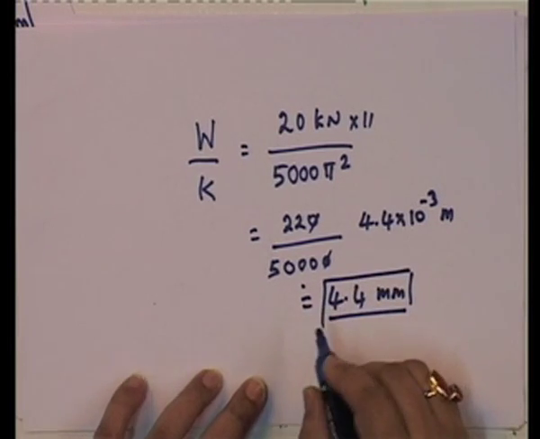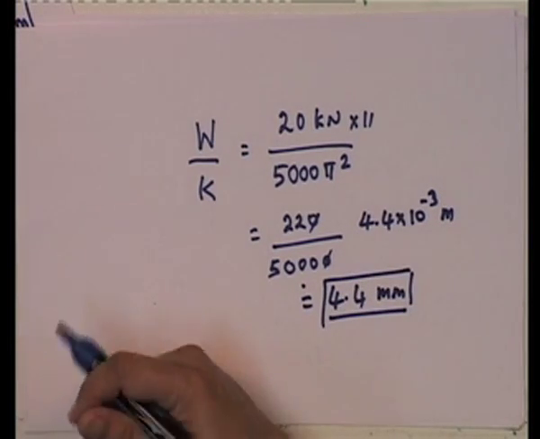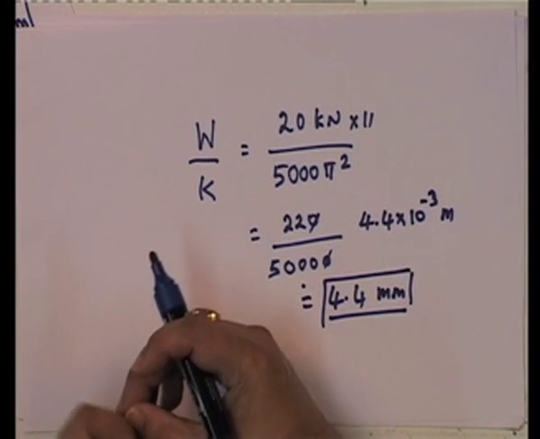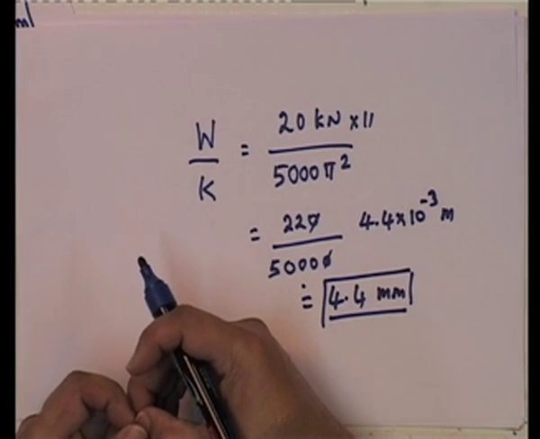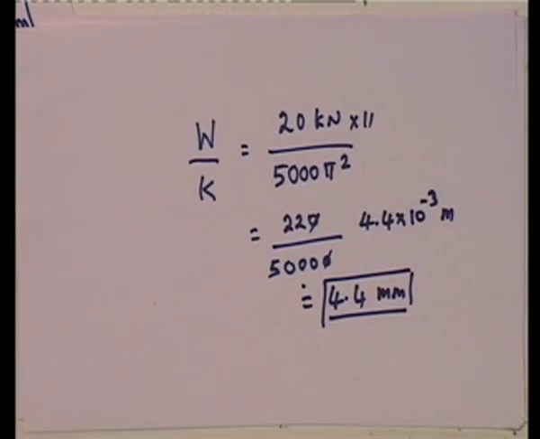That is not a very soft spring. A 2-ton mass is only transmitting 4.4 millimeters. When we were talking about requiring soft springs, I was saying that sometimes soft springs cannot be provided.